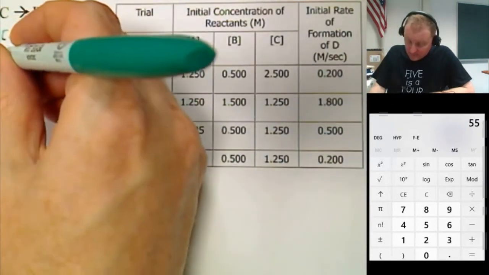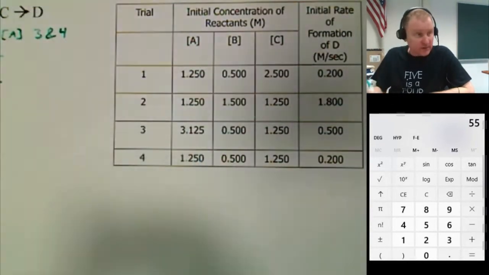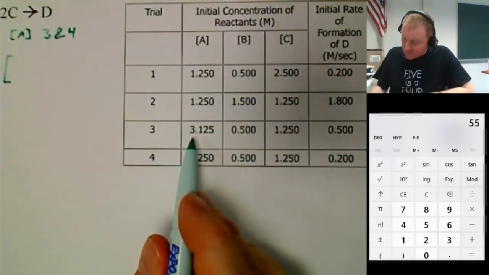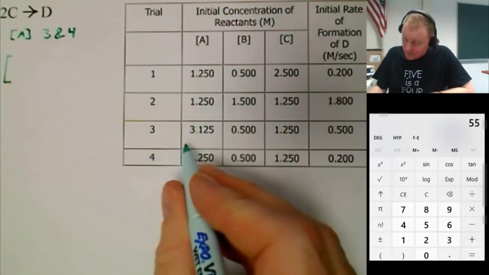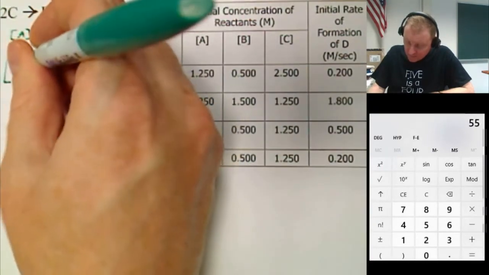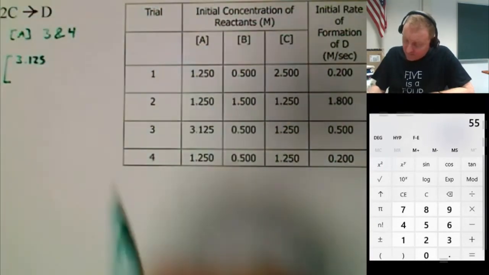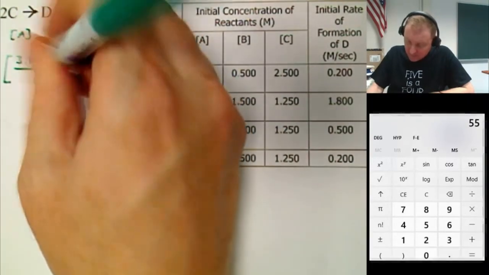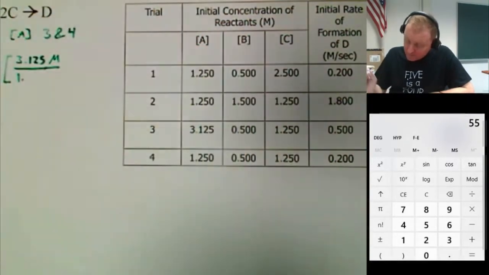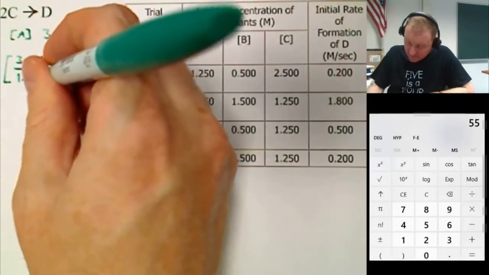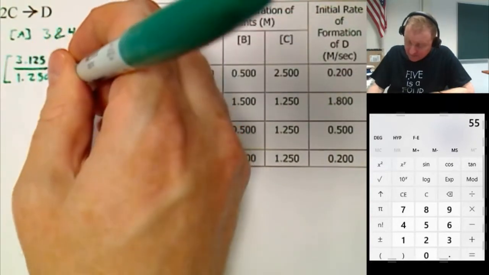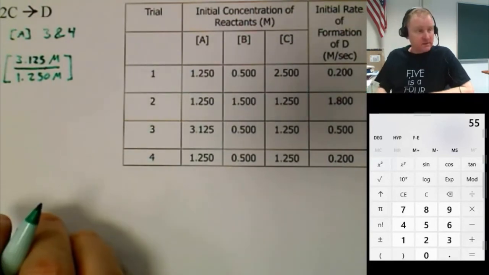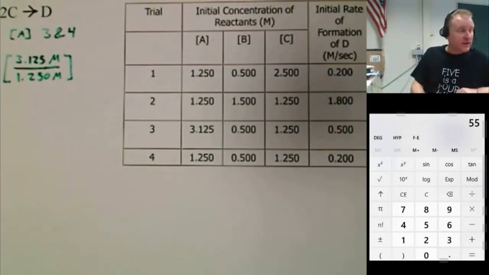So I've got the concentration of this one here. The concentration is the large one. We're going to say 3 over 4. So I'm going to say 3.125 molarity over 1.250 molarity. That's my concentration. And when I do that, let's figure out what the concentration change was.